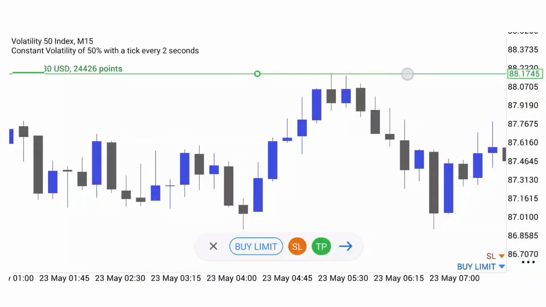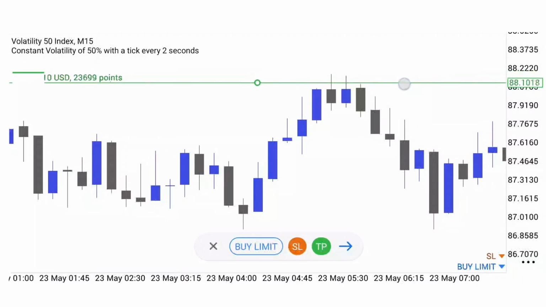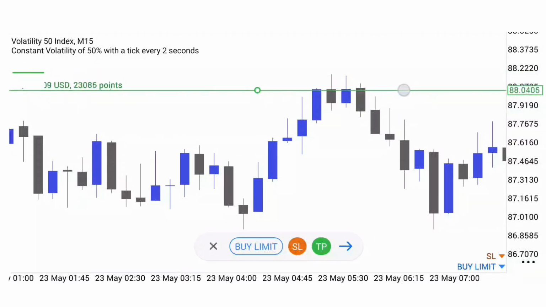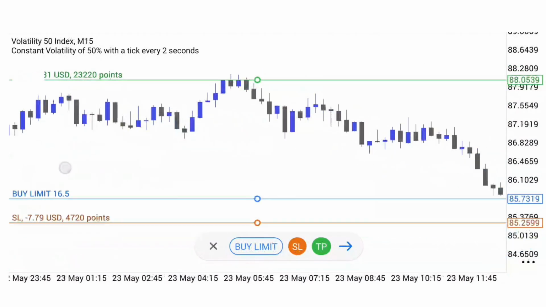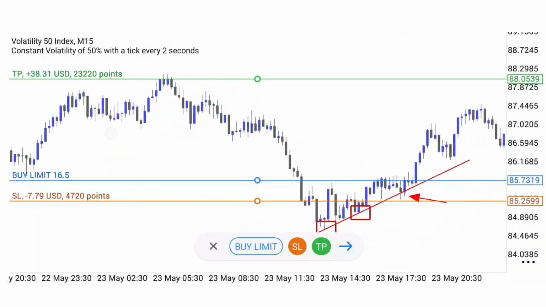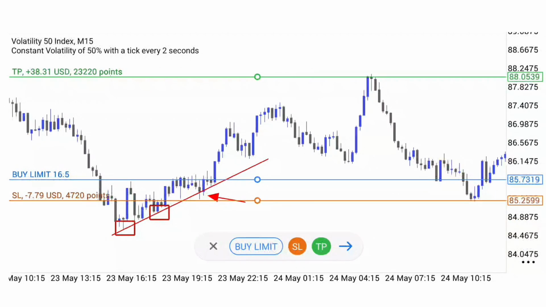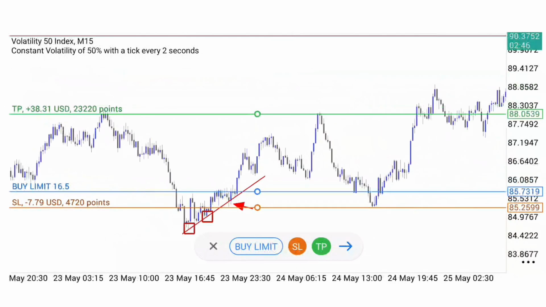Don't put it at the top here, because the market will just go and touch the area a little bit most times, and it will not hit the take profit. So it is better to put it somewhere here when you know that the market has not gone to the high. So most times it just touches that high and it starts going back.